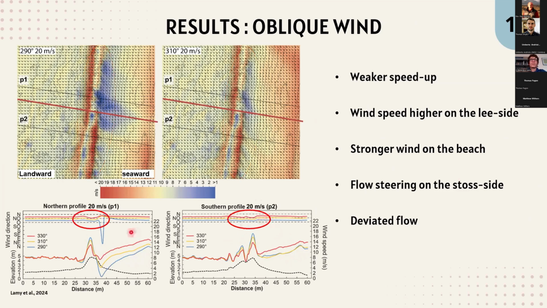And concerning the direction, on the northern part we don't see the recirculation as for the perpendicular wind. We just see a very strong deviation on the lee side. And on the southern part, we also see just a deviated flow on the lee side.